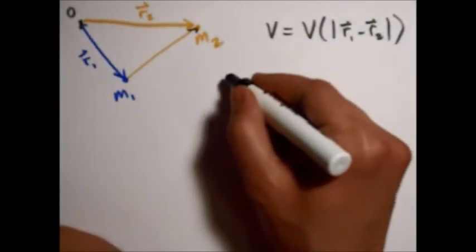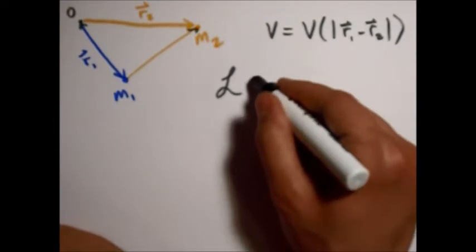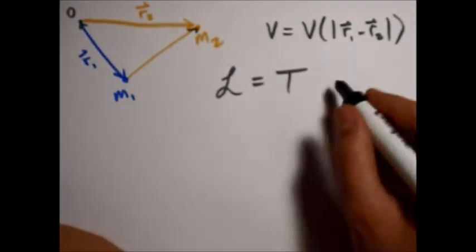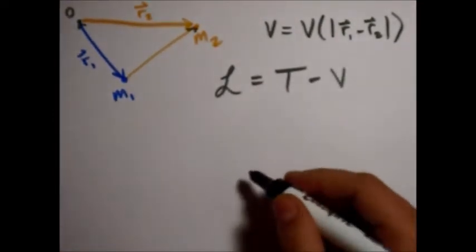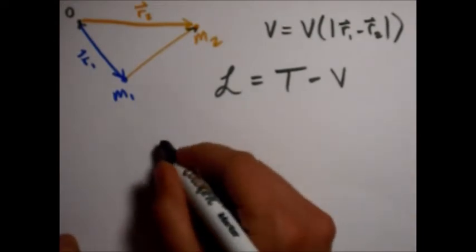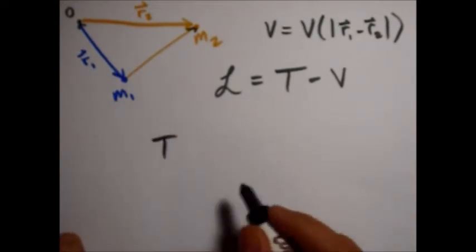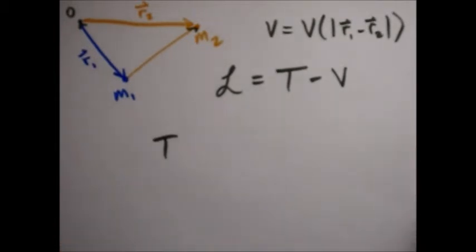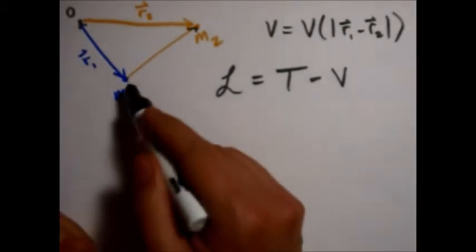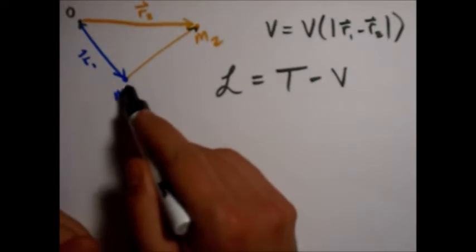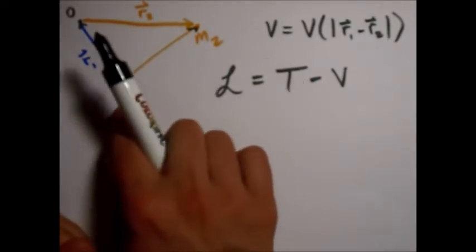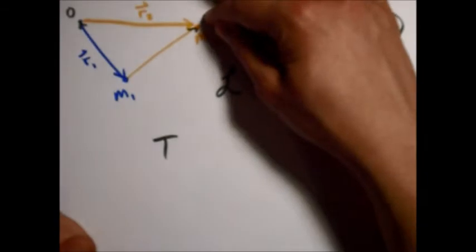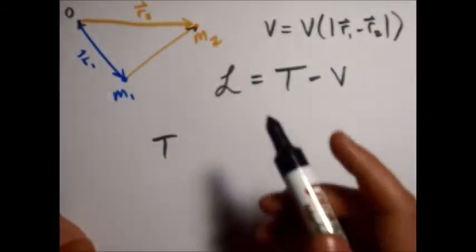So we know the Lagrangian is equal to the kinetic energy minus the potential energy. And the kinetic energy of this system, well, we have 6 generalized coordinates, which are the x, y, and z positions of this particle and the x, y, and z position of this particle.